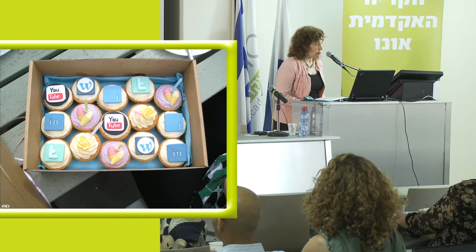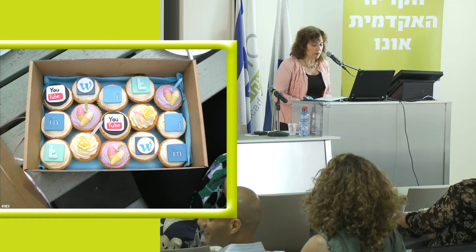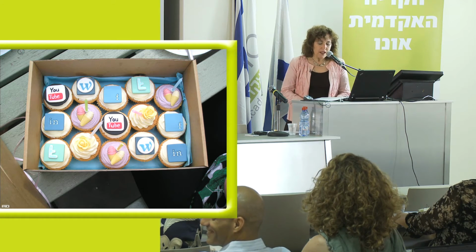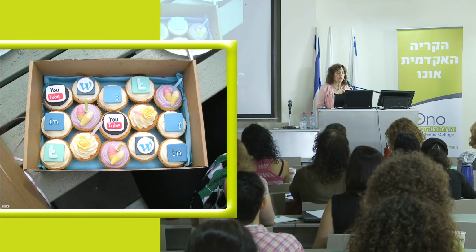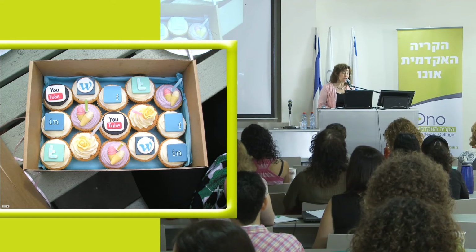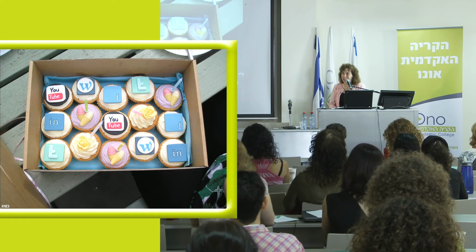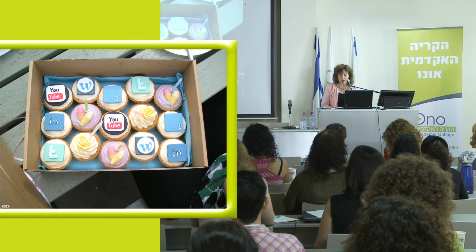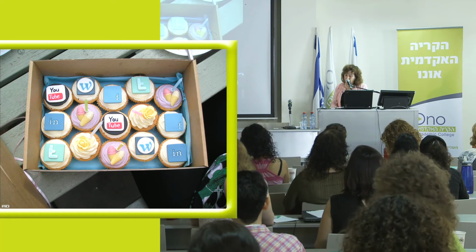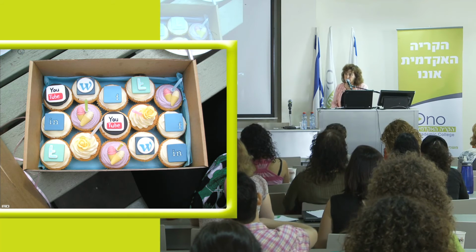So let me give you some numbers. I got these numbers about 2 months ago, and I'm sure it's changed. Facebook, as we know, is the most widely used social media site with 845 million active users. LinkedIn has 150 million users, and Twitter currently has 200.